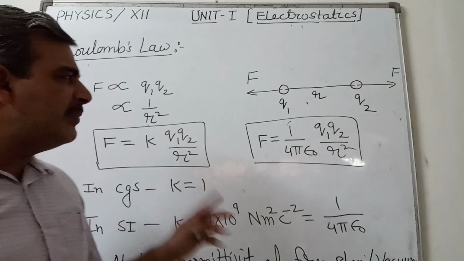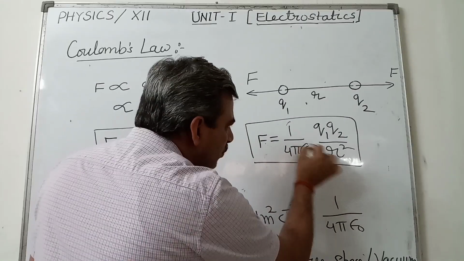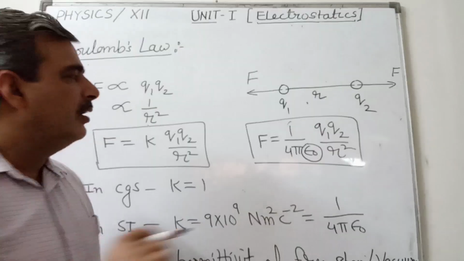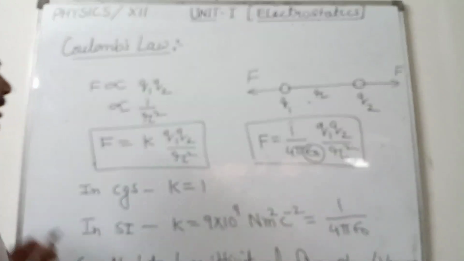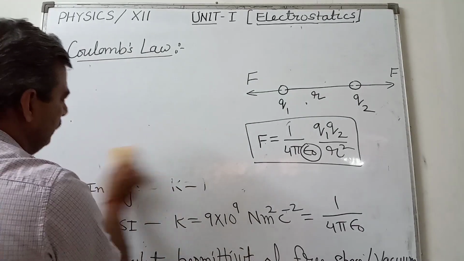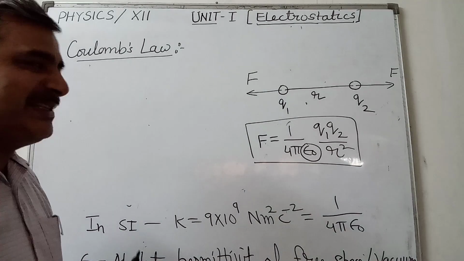If the medium is other than air or vacuum, then this term epsilon naught gets replaced by another term which we call the permittivity of the medium, represented by epsilon.